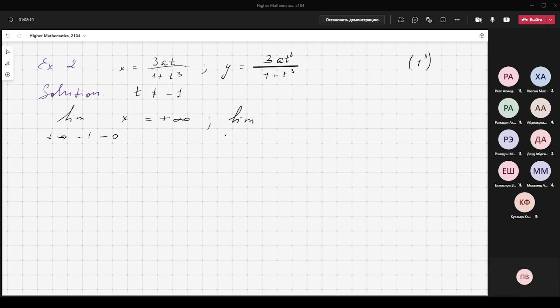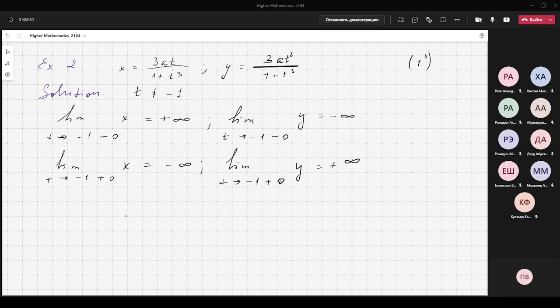The limit as t approaches minus 1 minus 0 of y is minus infinity. The limit as t approaches minus 1 plus 0 of x is minus infinity, and the limit as t approaches minus 1 plus 0 of y is plus infinity.